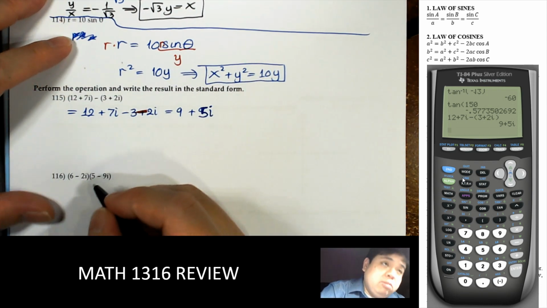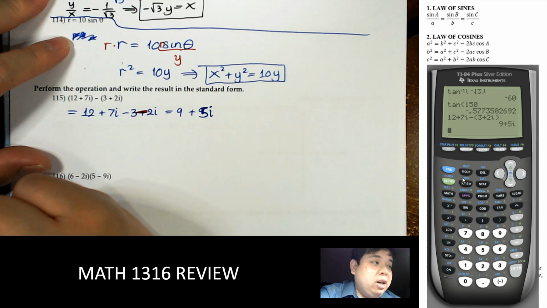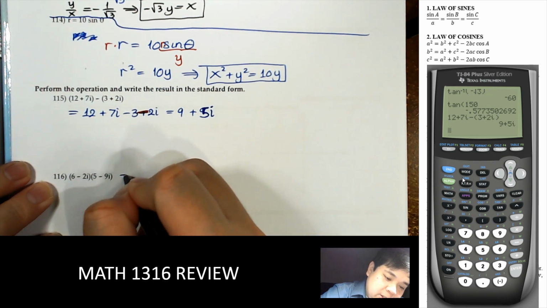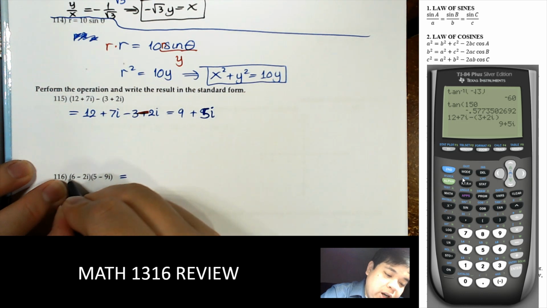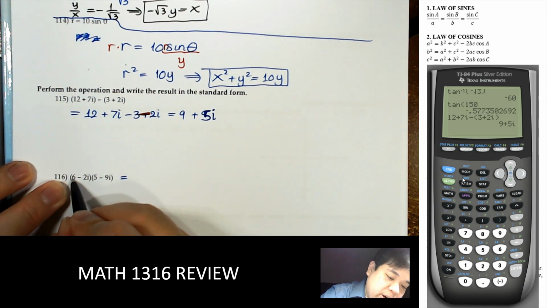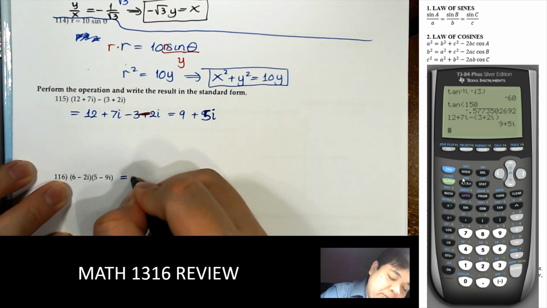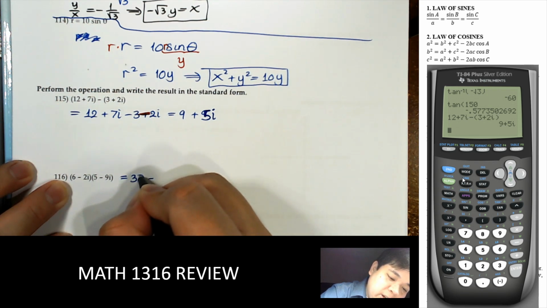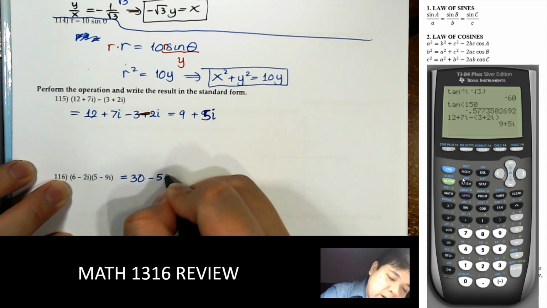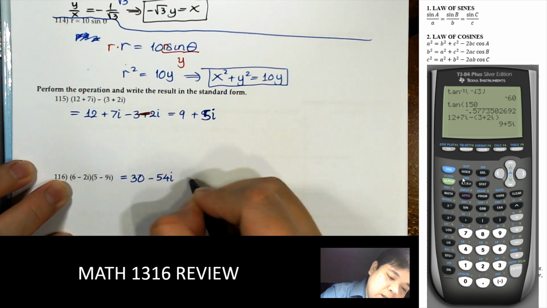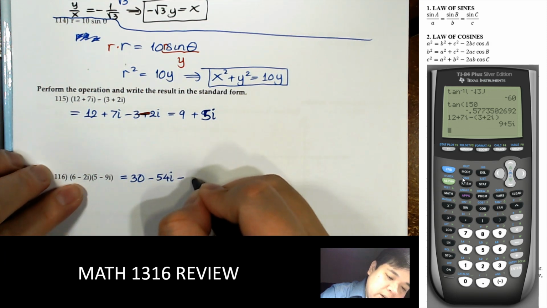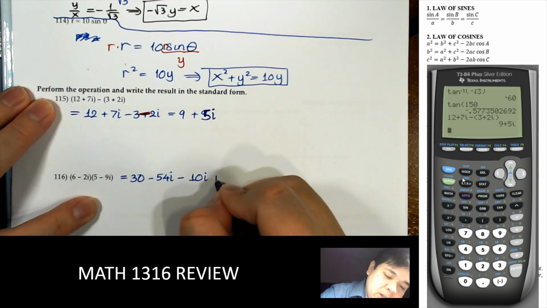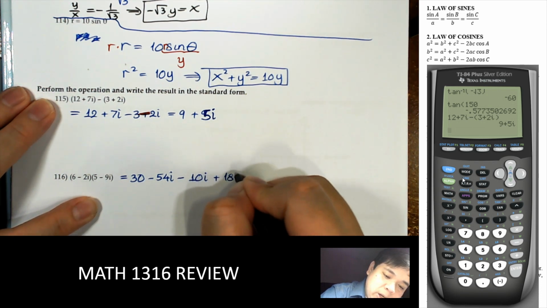Right. Of course, you can check using the calculator, but I'm just going to do it by hand for all of this. For multiplication, we just multiply naturally. 6 times 5 is 30. 6 times negative 9 is negative 54i, negative 10i, and plus 18i squared.